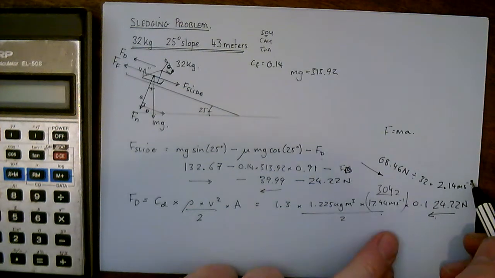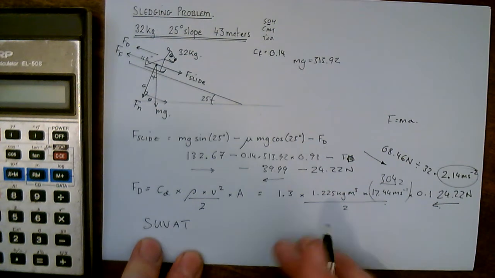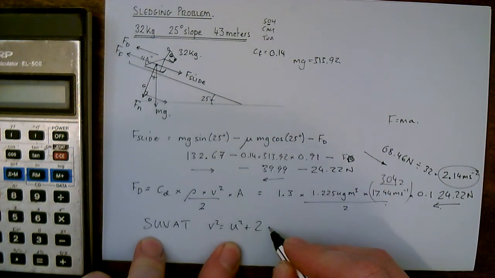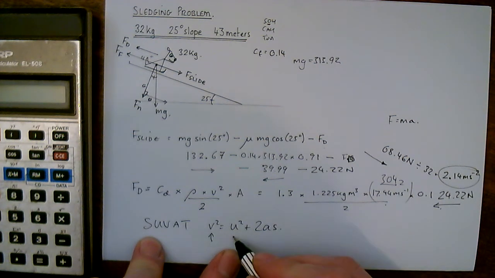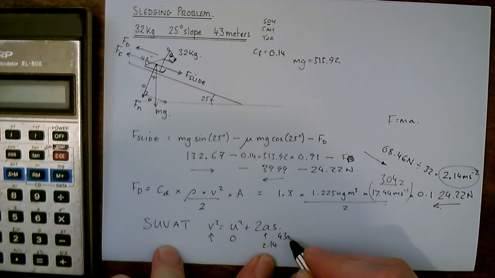So if we take that figure and we think about our suvat, v squared equals u squared plus 2as. Well, we're trying to find that. We know that's going to be 0. We've got that as 2.14. We know what the distance is. It's 43 meters.